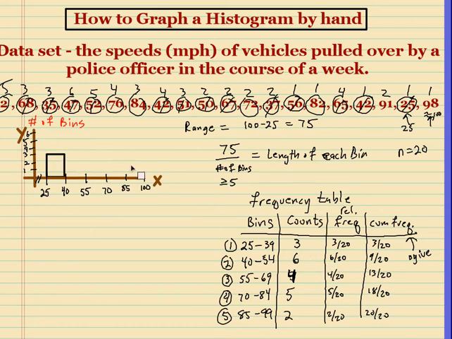Okay, the second bin, I want to go up to 6. That's the tallest one. The third bin, I want to go to 4. Fifth bin, 5, a little bit higher. And I'm sorry, fourth bin, this is the fifth bin, which is 2.